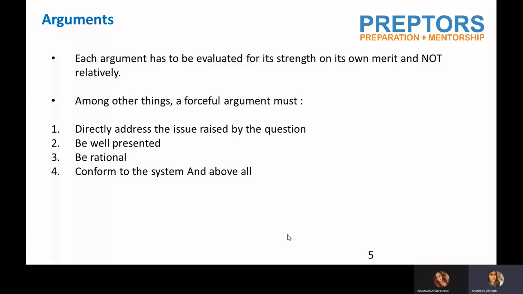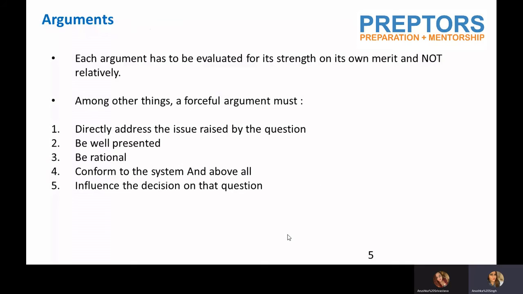It should abide by the system, it should abide by the Constitution of India, and last, it should influence the decision on that question. When I say influence the decision on the question, again, what am I saying? That I, as a reader and as an evaluator, should be influenced or prompted to mark that as my answer, right? So influence the decision on the question.